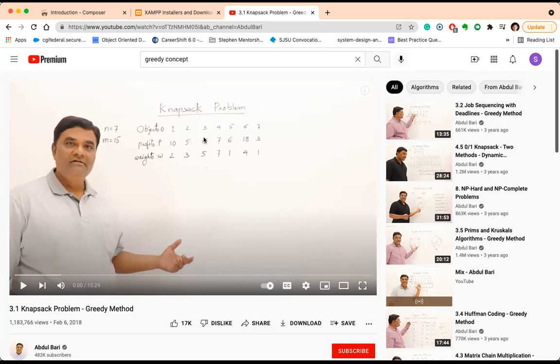In that case, there could be a whole unit of an object, or it could be a fractional object. Let's say initially we picked something like this, and this. After picking this, we are supposed to pick something like this, but we only have 2 kgs of weight left.